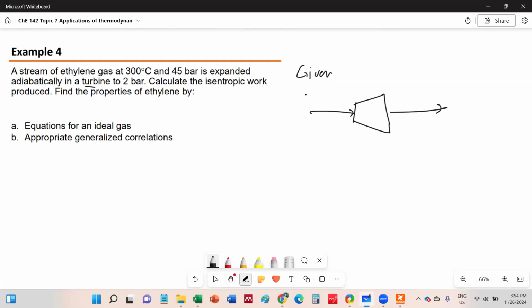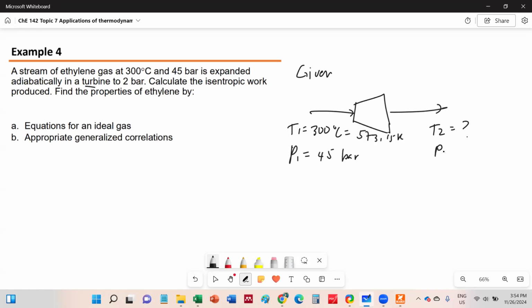For the inlet, we're given ethylene as the gas. The temperature is 300 degrees Celsius, or 573.15 Kelvin. The outlet, we don't know, but for the inlet pressure, it's 45 bars.